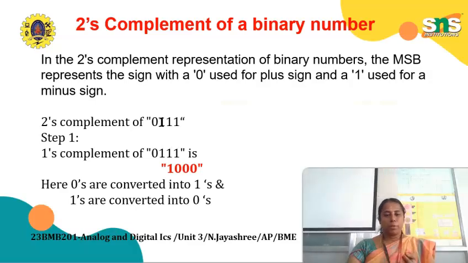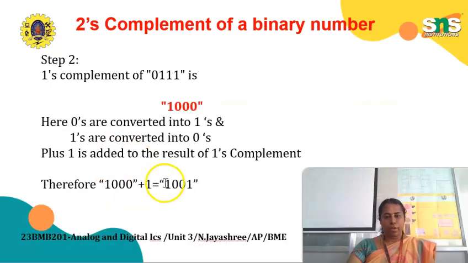The ones complement of 0111 is 1000. If you add 1 to this ones complement, we get the twos complement of the binary number. So this is the twos complement of a number.